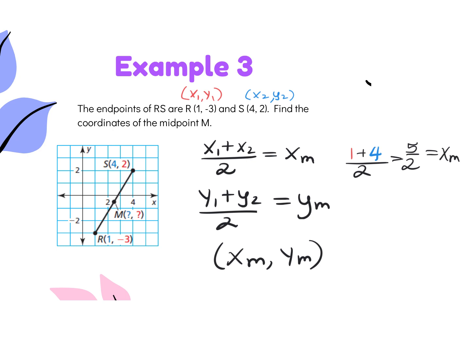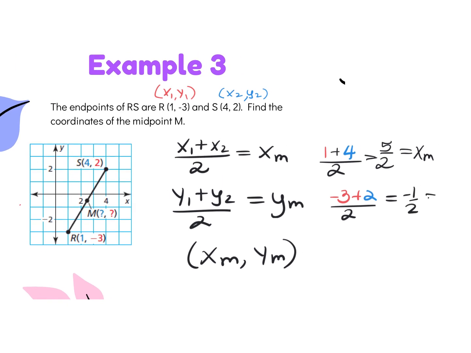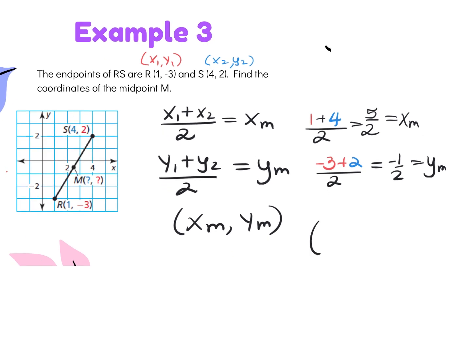Then I'm going to do the same thing for the y of the midpoint. -3 plus 2, and then I divide it by 2. And I end up with -1/2. And this is the y of my midpoint. So now I'm going to go ahead and write it as a coordinate: 5 over 2 and -1/2.